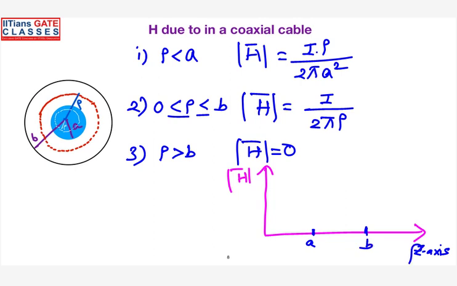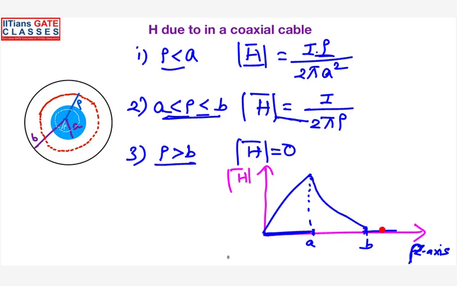Now, when you are moving from 0 to a, that means when rho is lesser than a, you can see here the magnetic field linearly increases. So you are going to get a linearly increasing function up to a. And what will happen when rho lies between a and b? Your magnetic field is inversely proportional to rho, so you are going to get a decrease. And when rho is greater than b, it is 0.